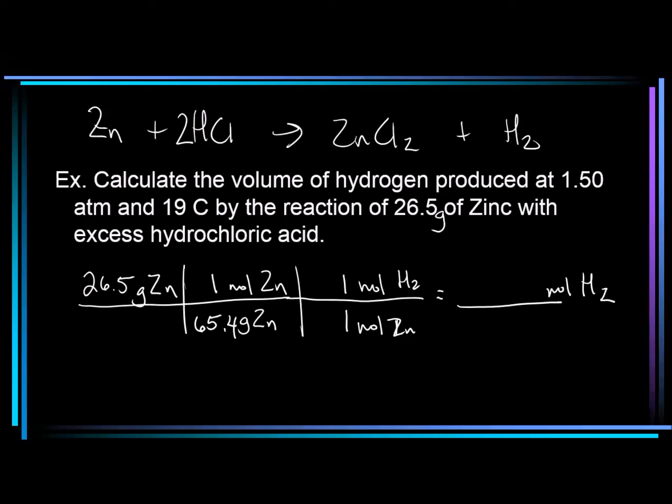How do you get hydrogen? No, I know, but it's 0.405. How do you know what to get from hydrogen? Just remember, when you're doing the train track, how do you know to get hydrogen? The goal is hydrogen land. All right, what's the number of moles? 0.405. Now we use that in conjunction with the ideal gas law to find liters.